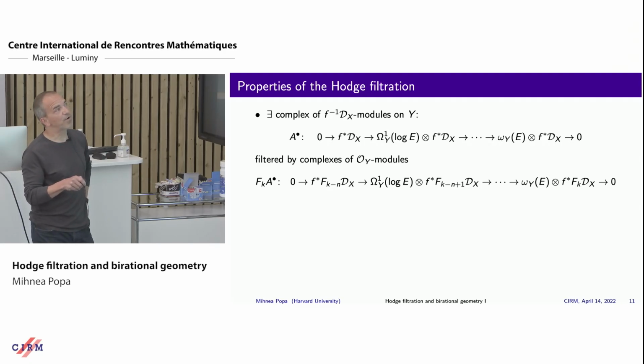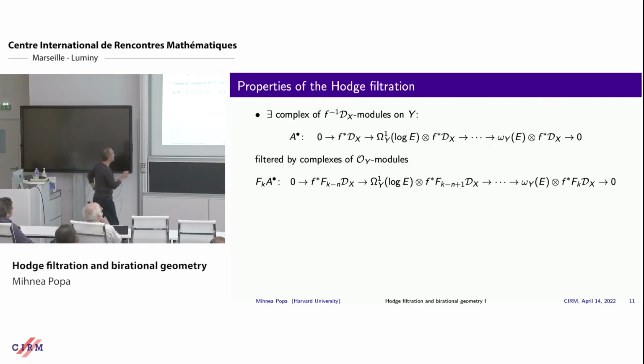There's some differential, which is a combination of de Rham and Koszul differentials. It has the feature that if you fix some order of differential operators, it increases it by 1 as you apply the differential.